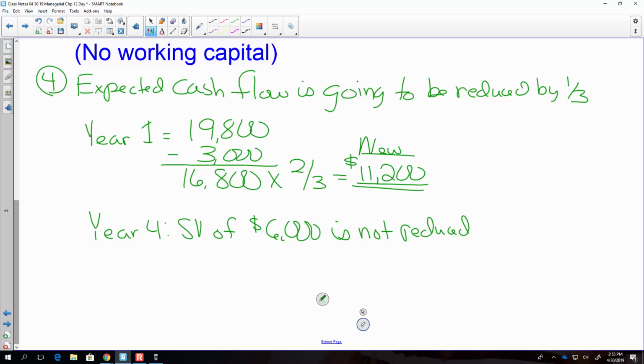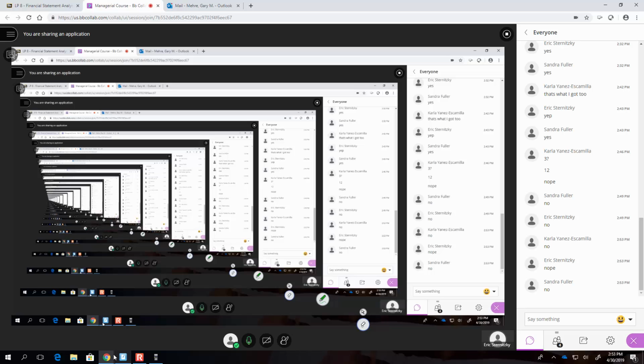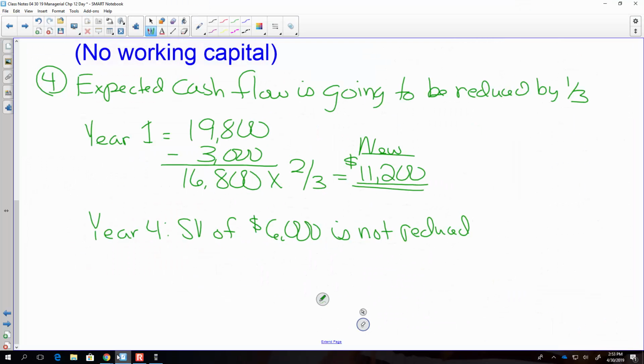Just the cash flow is reduced by 1/3. All right. Any questions at home regarding problem 45? Okay. Good deal. That's all I have for today, guys.